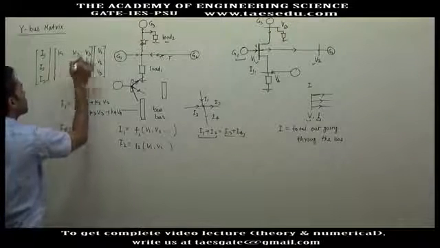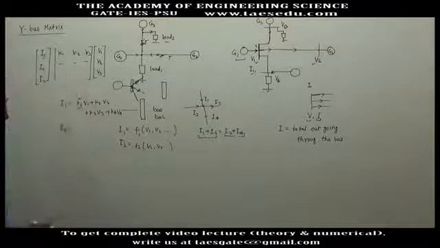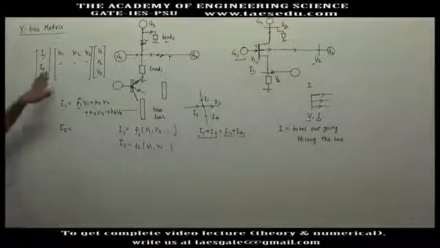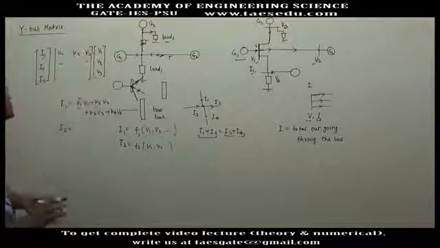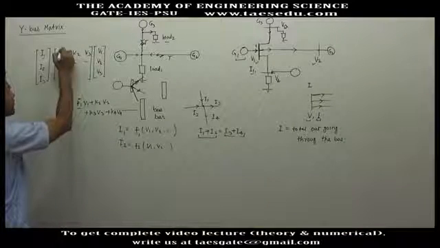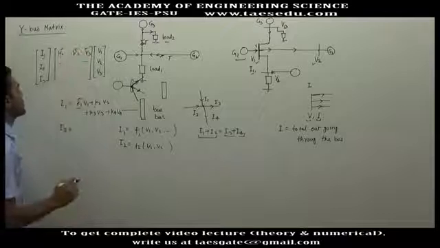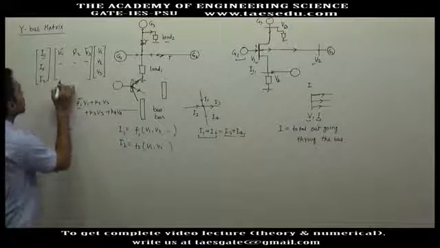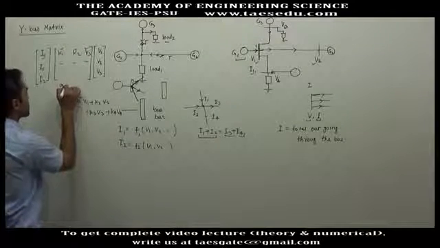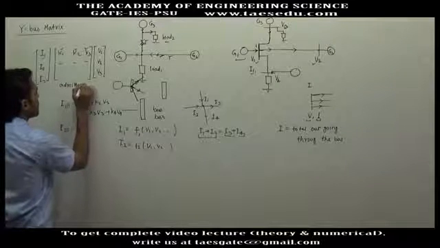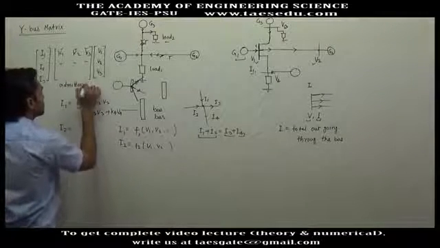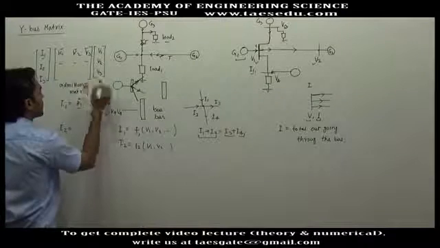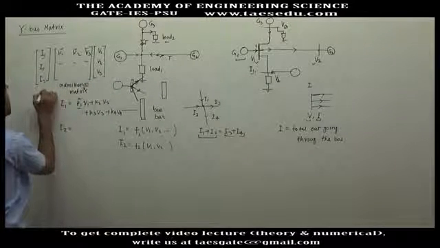Similarly, there will be some constants showing the relationship between I2 and V1, V2 and V3. The unit of all these constants will be admittance. So this will be called the admittance matrix, and this may also be called the Y-bus matrix.